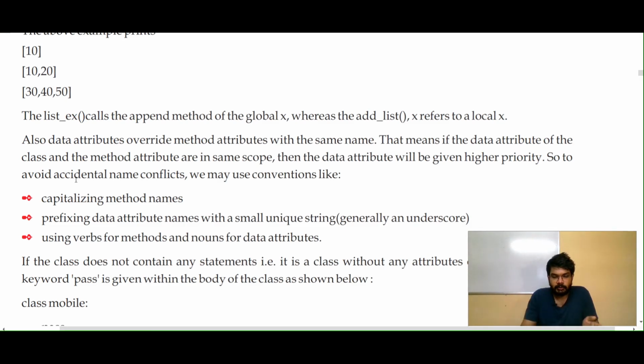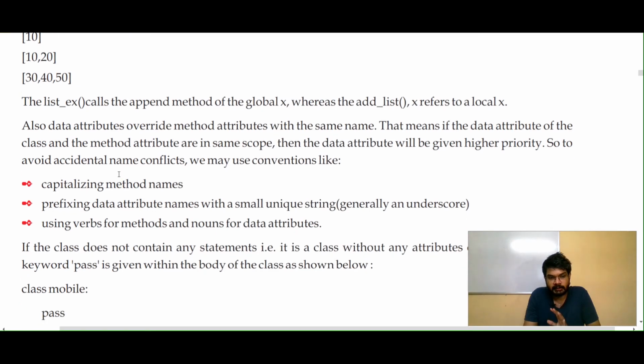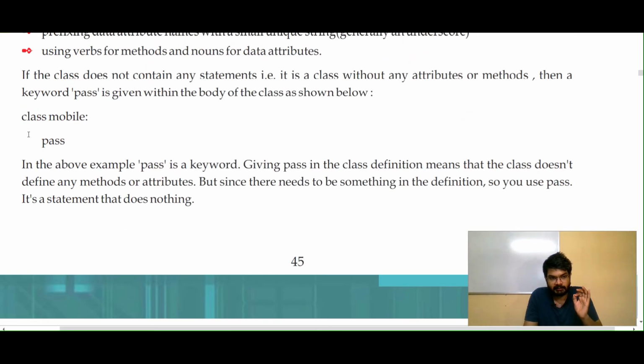This is a very important point, so make a note of it. Any class that does not contain any data member or any functions can be built by using the pass keyword. This is a very simple definition: class Mobile, pass. Nothing is defined within the class, but the pass keyword is enough to define the class itself.